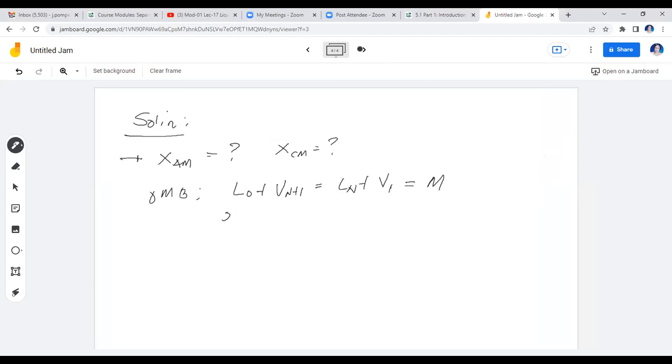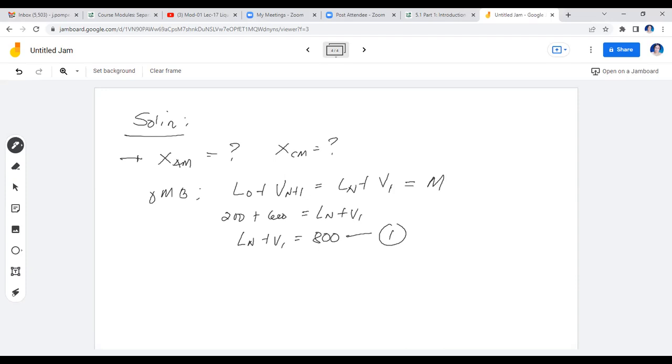So 200 plus 600 is equal to L sub N plus V sub 1, and that is also our M. So L sub N plus V sub 1 is equal to 800. This is our first equation.